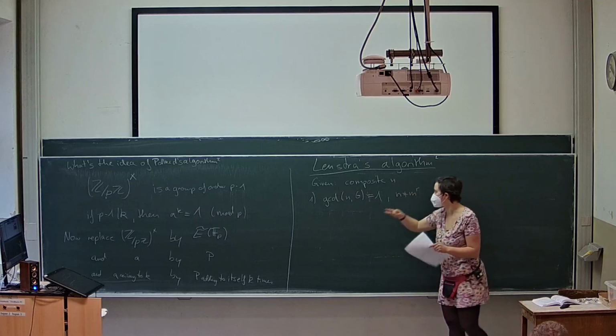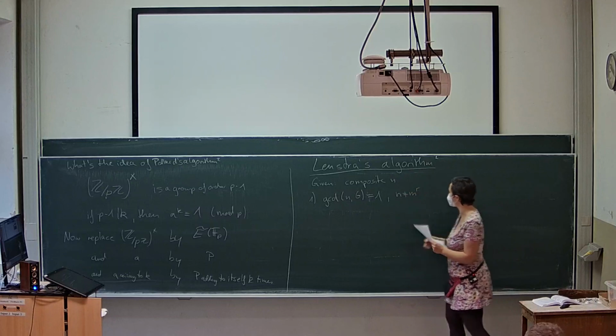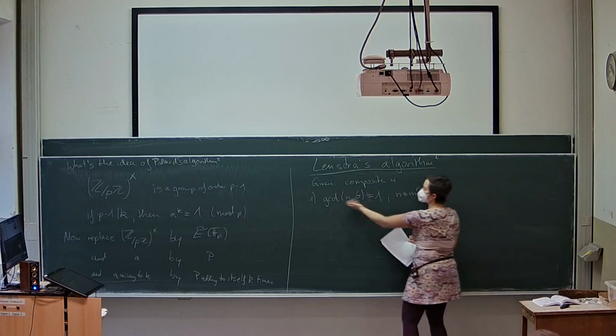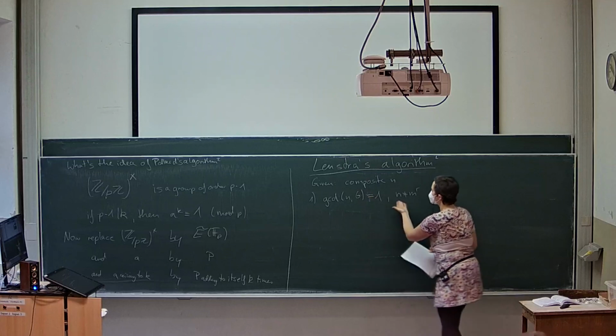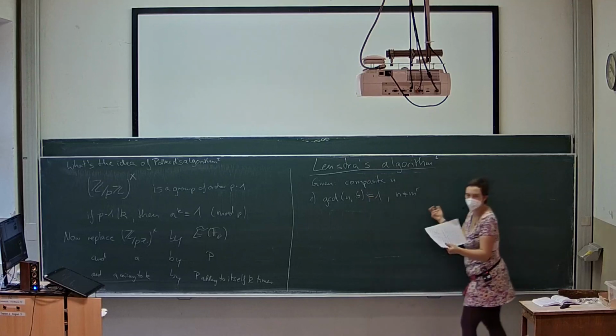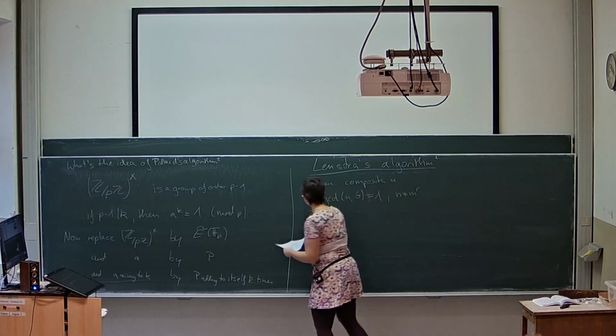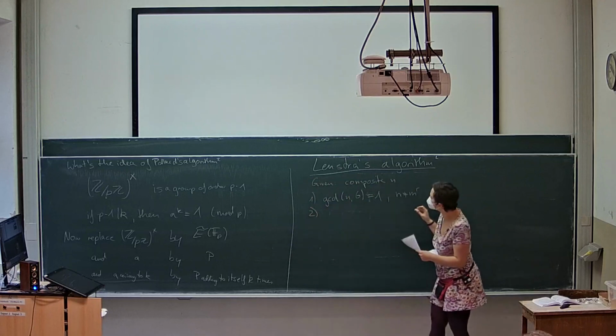This is easy to check, so we can check it up front. If the gcd is not 1, then we found a factor, and if n is m to the r, then we also found a factor. So let's just assume that this is not the case.